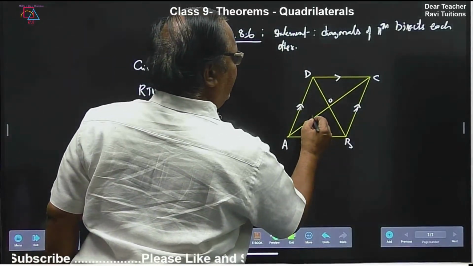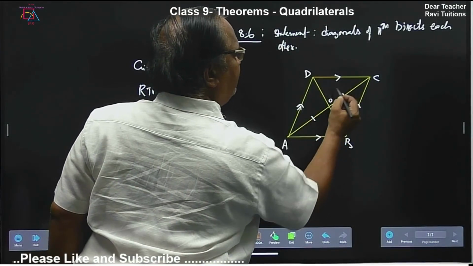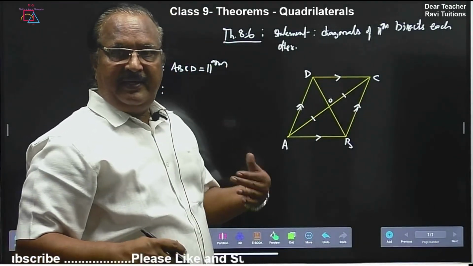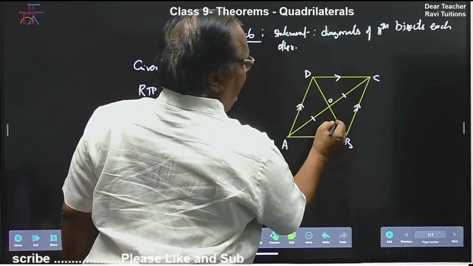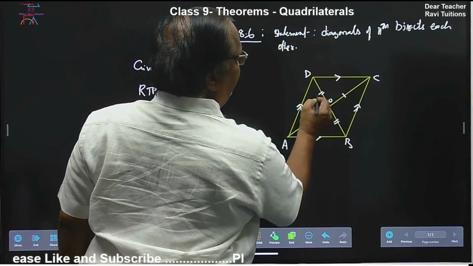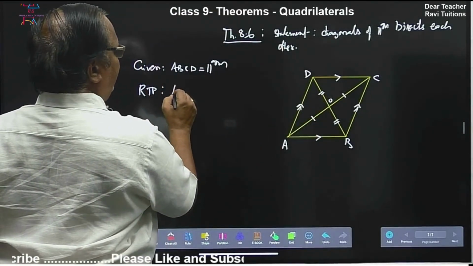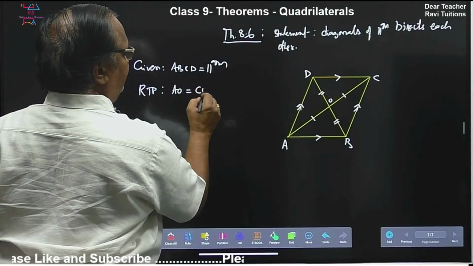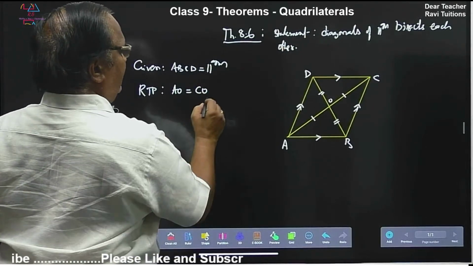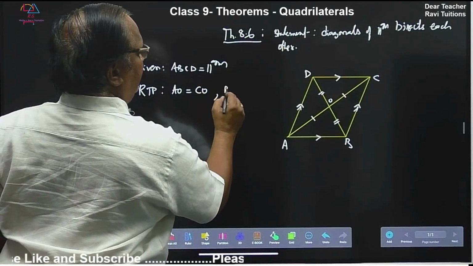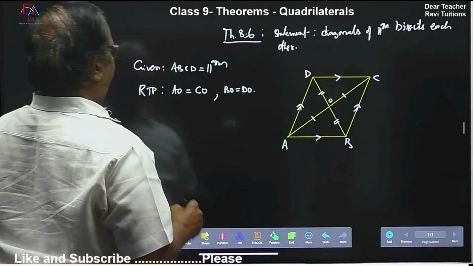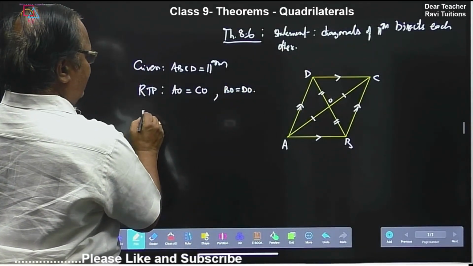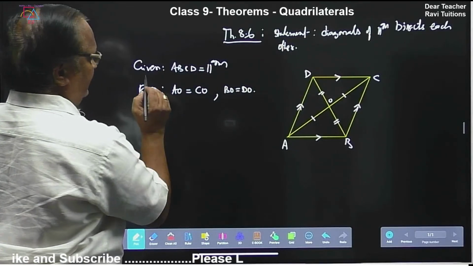That means AO is equal to CO. Bisecting means making it into two equal parts. In the same way, BO is equal to DO. So what we have to prove is AO is equal to CO, this is one, and the second one is BO is equal to DO.